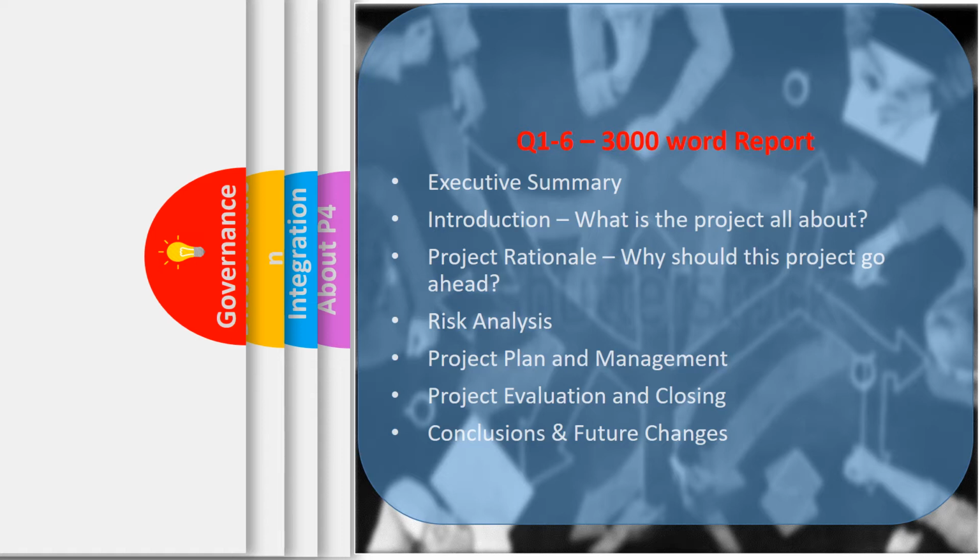Risk analysis. Project plan and management. Project evaluation and closure. Conclusions and future changes. Now, in fact, when you actually look at all these, we're going to be doing these anyway, but when you do look at these, they kind of follow the carrying out of a project plan.